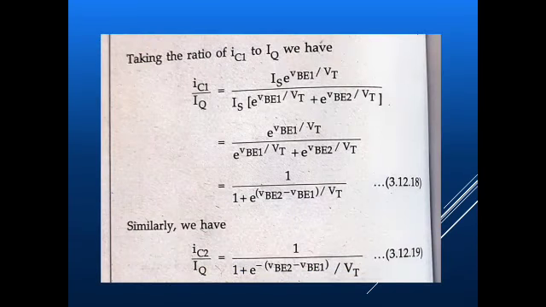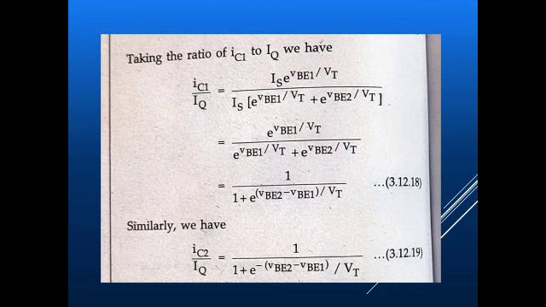Taking the ratio of IC1 to IQ, we get Is e power VBE1 by VT divided by Is into (e power VBE1 by VT plus e power VBE2 by VT). Simplifying this, IC1 by IQ equal to 1 by (1 plus e power (VBE2 minus VBE1) divided by VT).